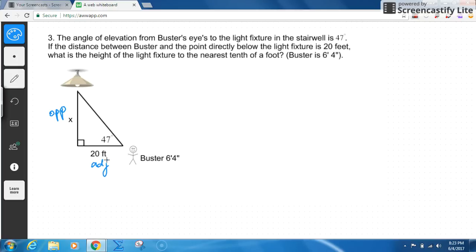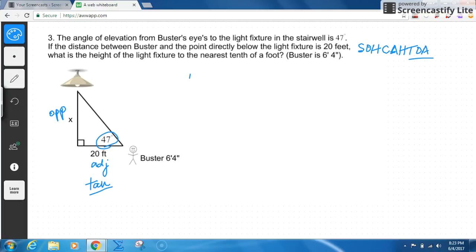So that's ADJ. And up here, let's write out SOHCAHTOA so that we can try and figure out which trig function to use. And I have adjacent and opposite, and that's going to be TOA, T standing for tangent.